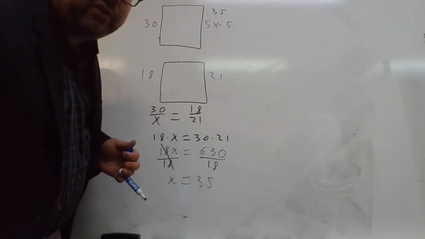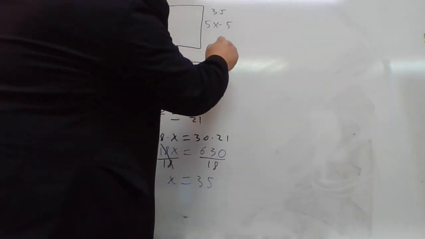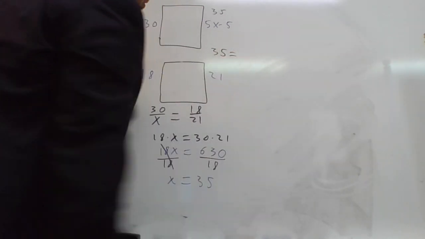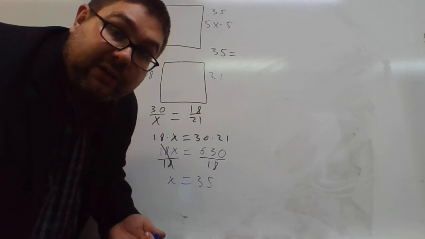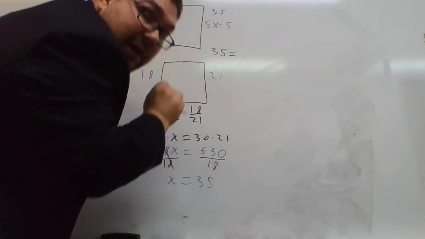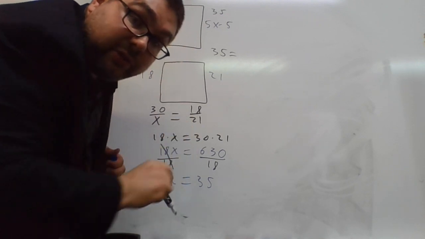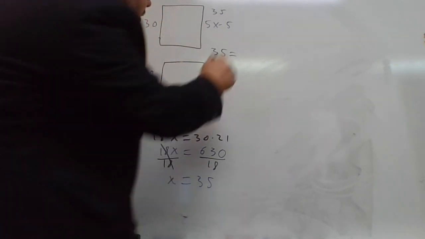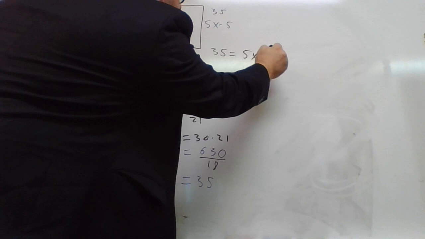The side is 35. So 35 equals the other side, and 35 and 5x minus 5 are the same value. So that means 35 equals 5x minus 5.